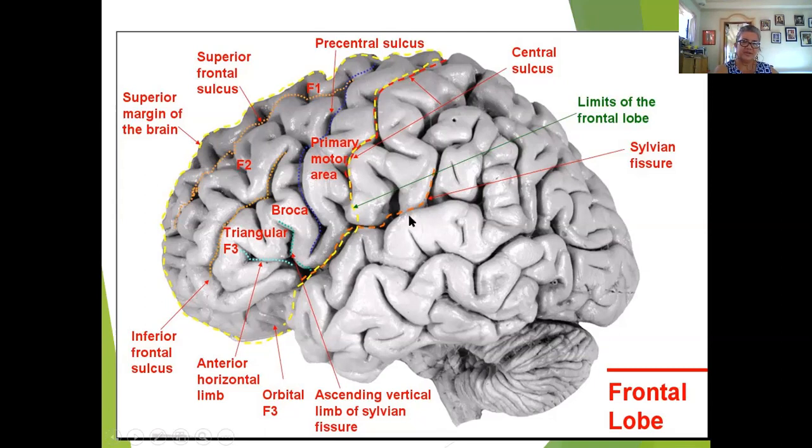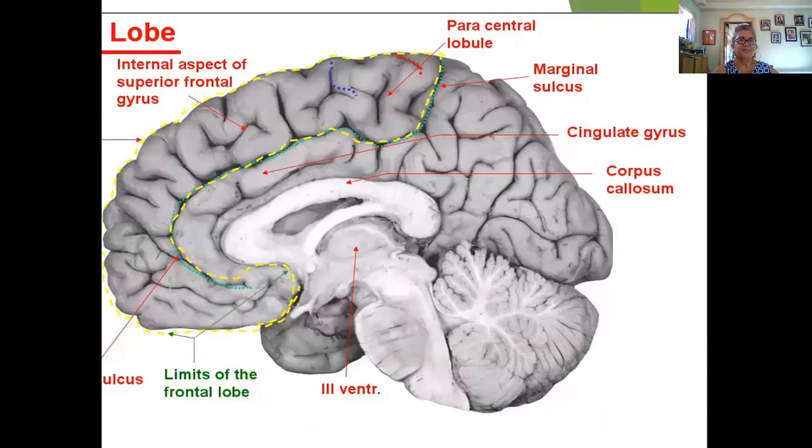And then this is your Sylvian fissure, which will separate your temporal lobe from your parietal and frontal lobe. Then on the medial surface, you have to remember this as your reference point, your corpus callosum. This is white matter and you can delineate it from the cerebral hemisphere, which is gray matter.